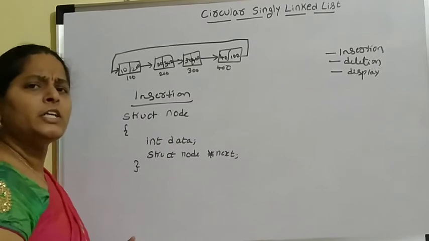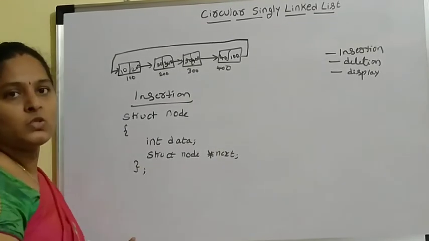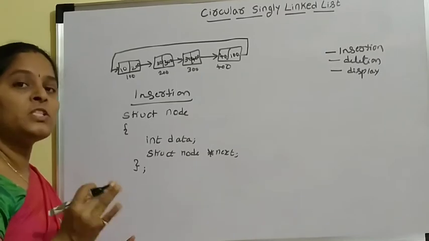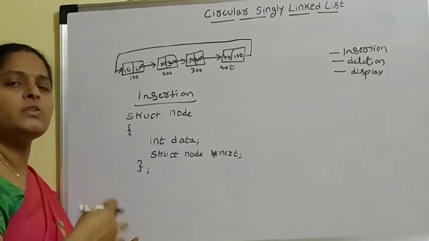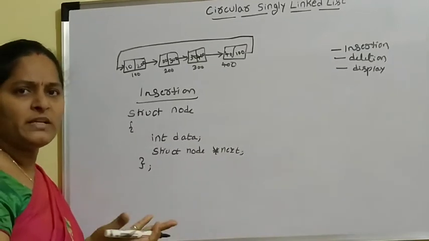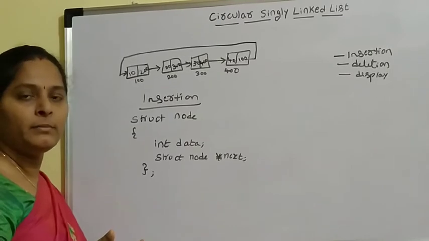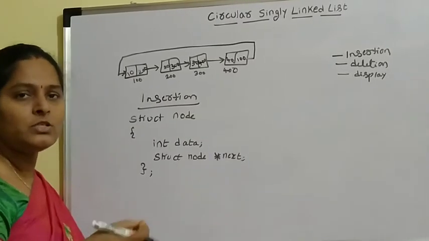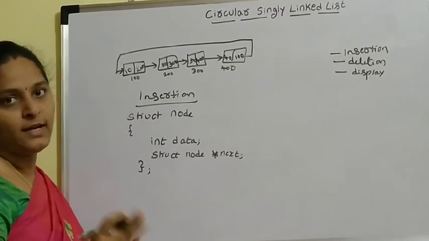Here you can take any node pointer for pointing to the first node or last node. Suppose you want to take one pointer for pointing to the first node, you just use the name head, or if you want to mark the last node, take that pointer and initialize it to null.